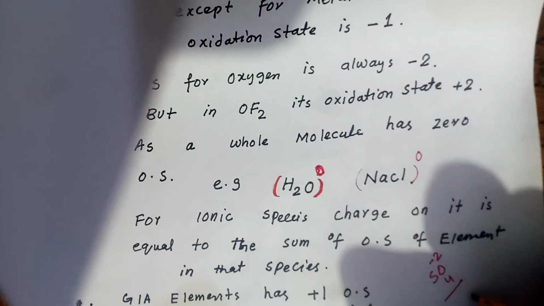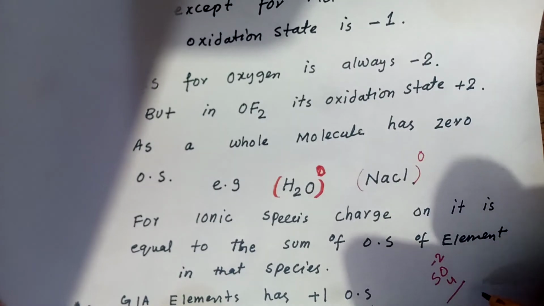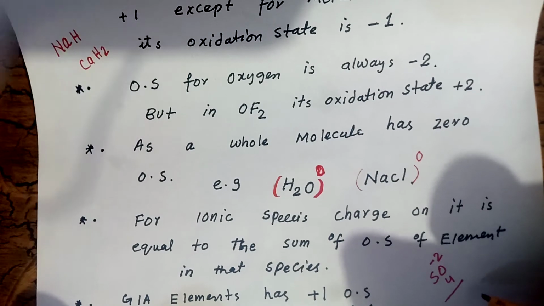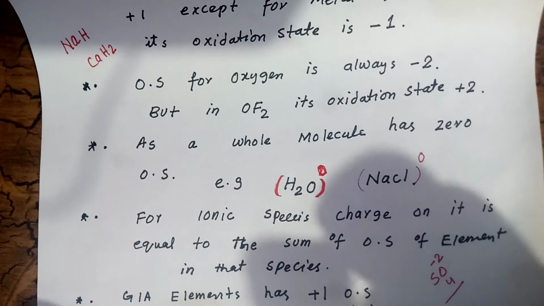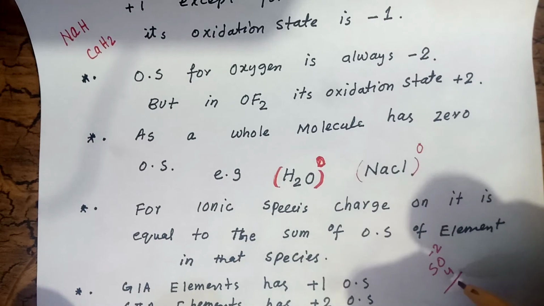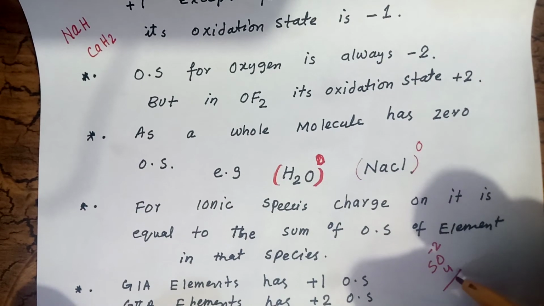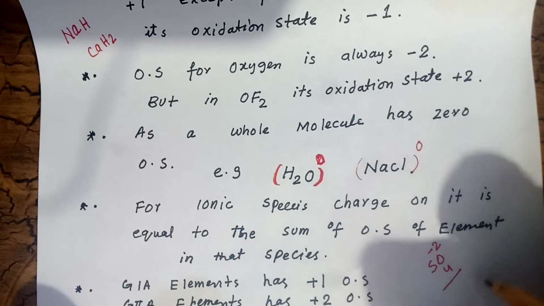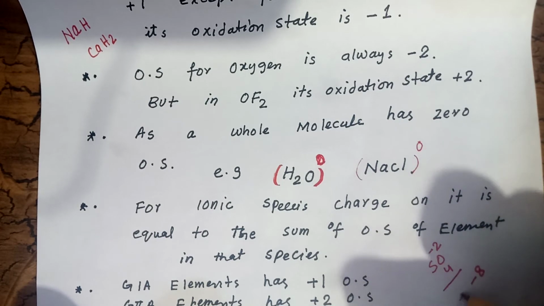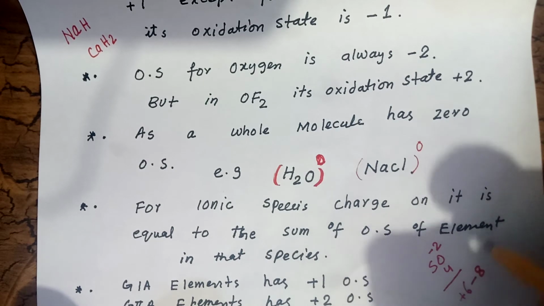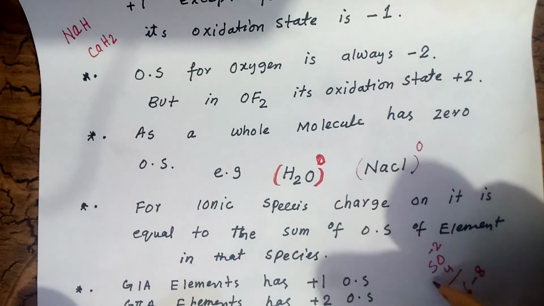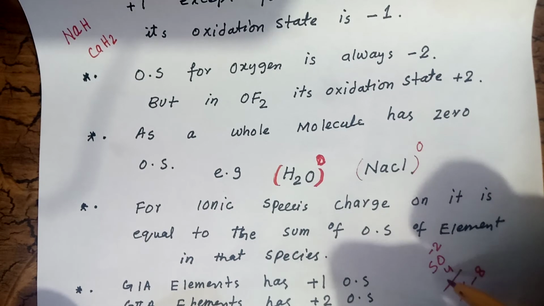Here the oxygen is a normal oxide, so the oxidation state for oxygen is -2. There are four oxygens, so as a whole it has -8, and sulfur has the oxidation state of +6. So +6 minus 8, the result is -2. So this is the sulfate ion, which is an ionic species.